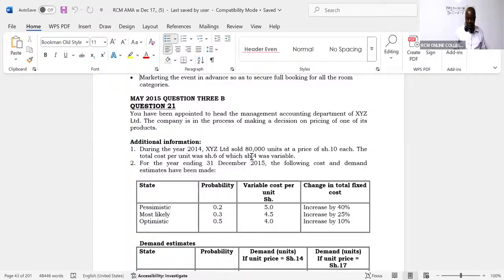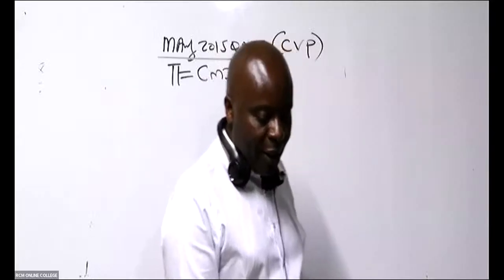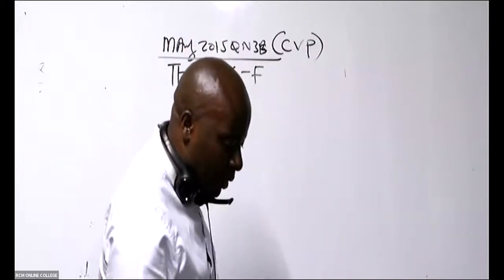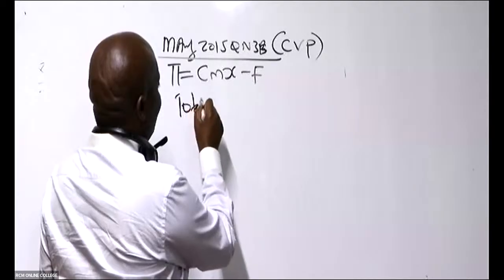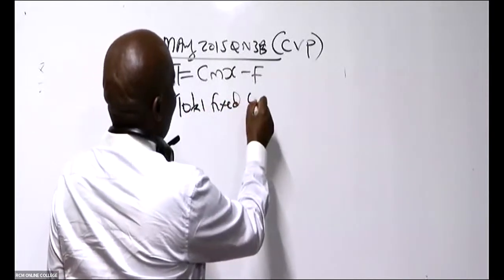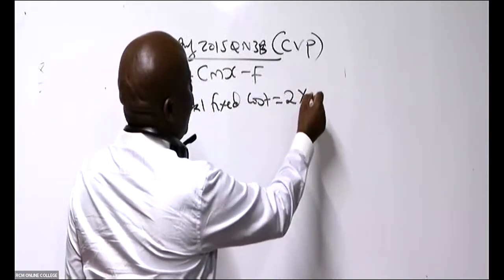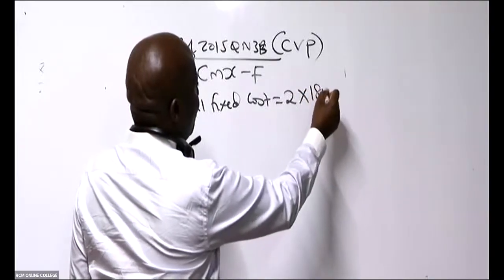Because you see 6 is the total cost, and then variable is 4. So in that case, ladies and gentlemen, I will very comfortably say that my total fixed cost is 2 times the current output level.